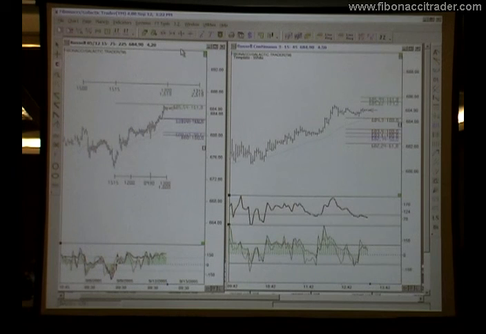Then, mechanically, you go left to right, 3 clicks. With the 3-point timing tool, you're looking for prior moves in the direction of the current move.